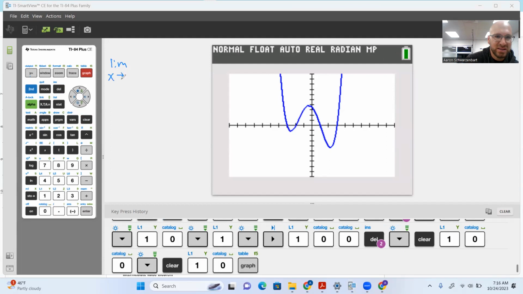So x approaches negative infinity, g of x is going up to positive infinity. As x approaches positive infinity, g of x is still going up, is also going up again to positive infinity. Okay, that is part 1.